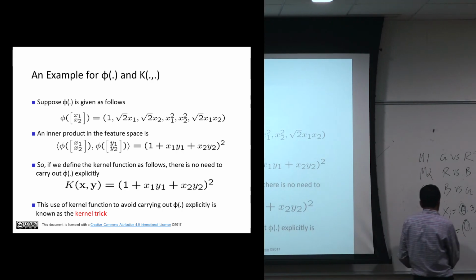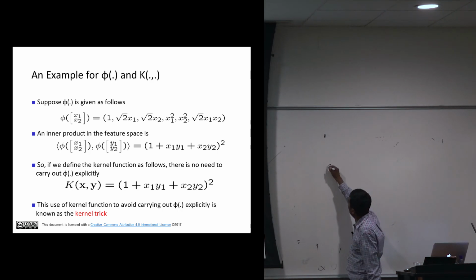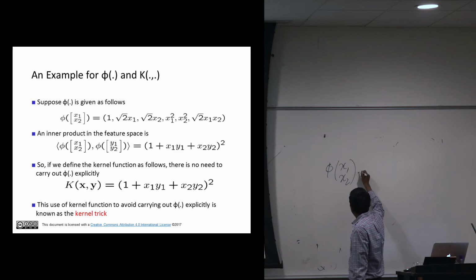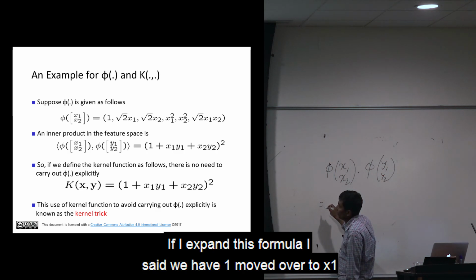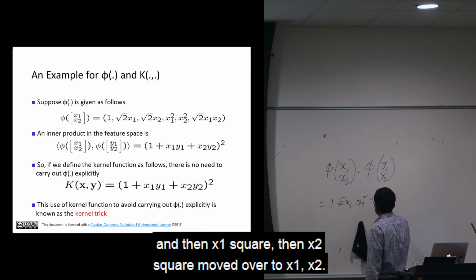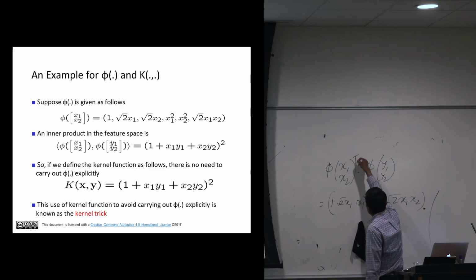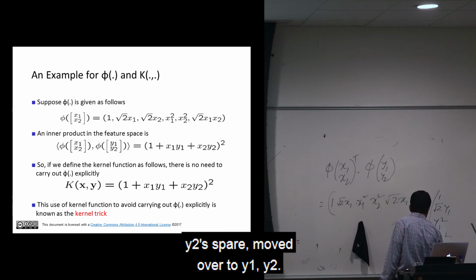If I expand this formula, we have 1, root 2 x1, x1 squared, x2 squared, root 2 x1 x2, and for the other point, 1, root 2 y1, y1 squared, y2 squared, root 2 y1 y2.